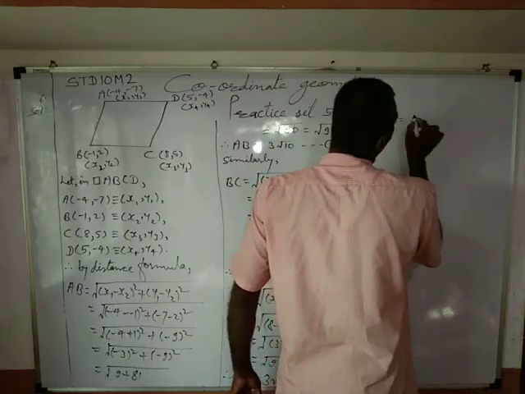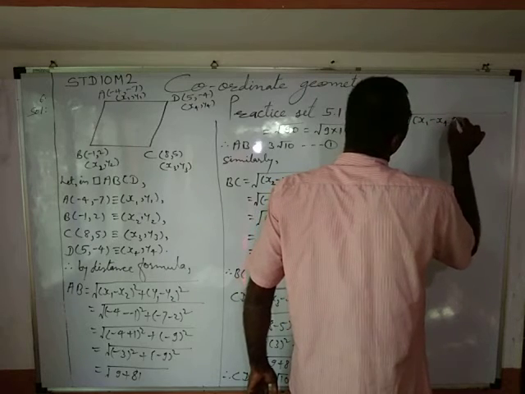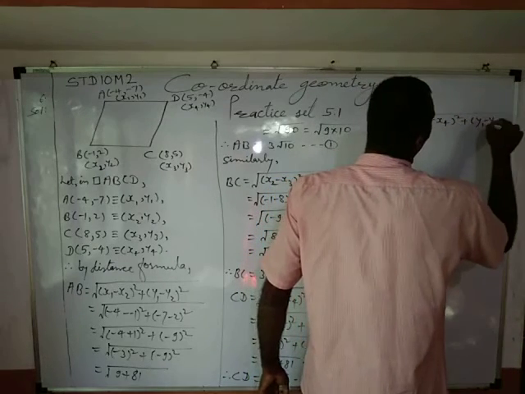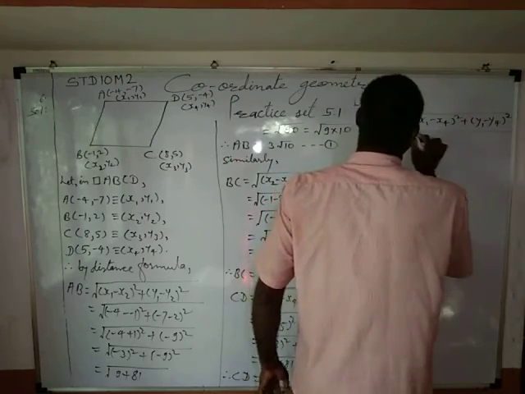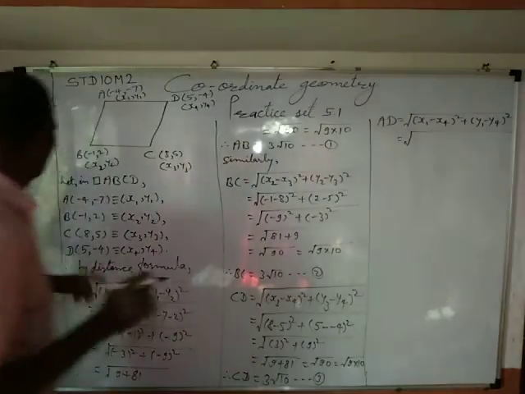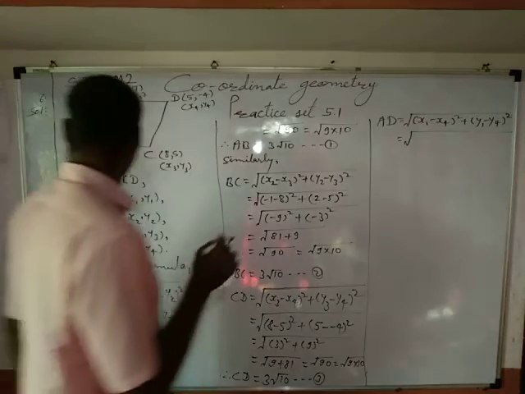AD equals under root (x1 minus x4) square plus (y1 minus y4) square, x1 is minus 4 and x4 is 5.